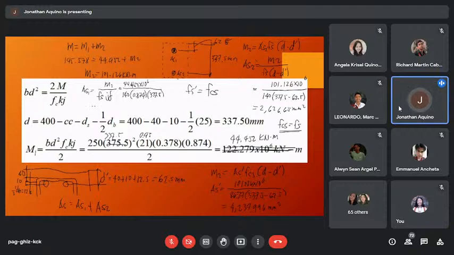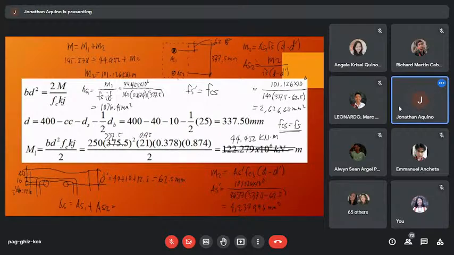So AS1 is 44.452 times 10 to the 6 divided by 140 times 0.874 times 337.5. So AS1 is 1,076.41 millimeter squared.